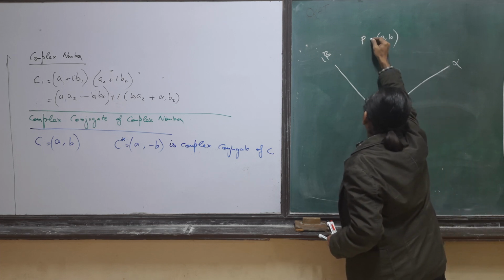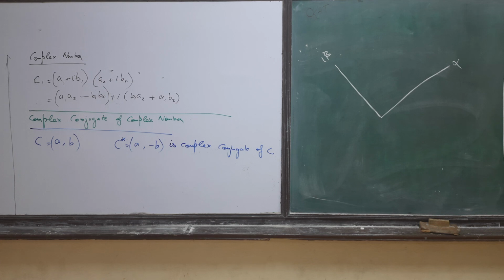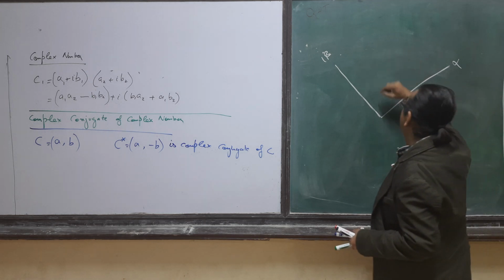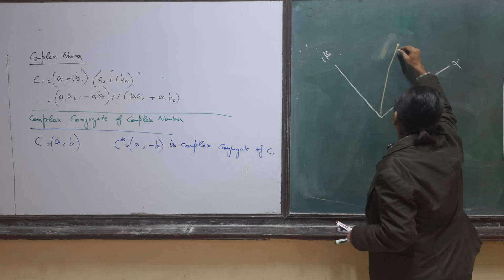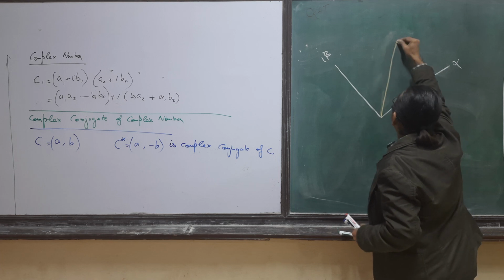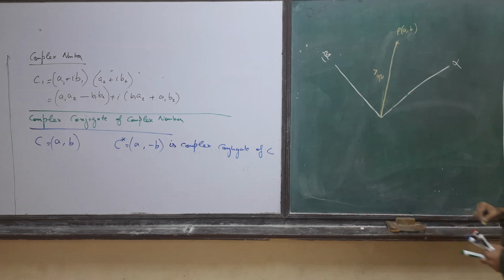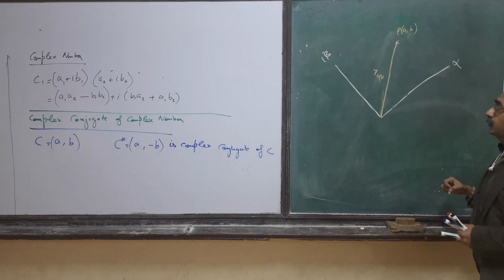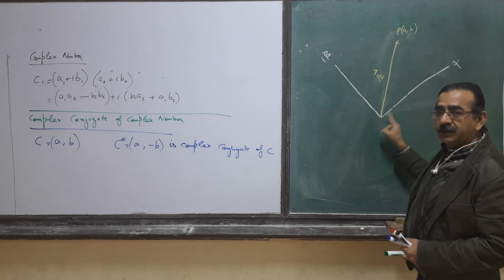Any question? This is point P with coordinates A, B, and this is R. Here A and B both are positive.